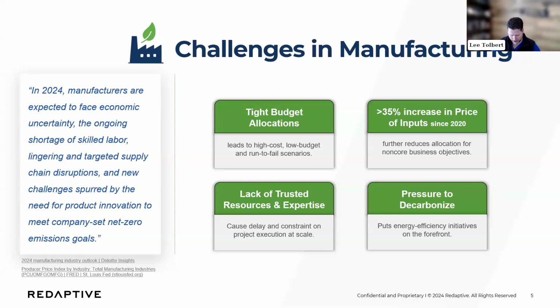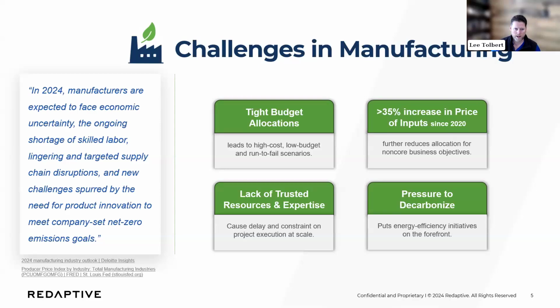If you think about the challenges that you face in manufacturing, as it relates to sustainability, but more broadly from an industry perspective, there are a myriad of challenges that manufacturers face. And the environment for manufacturers, from our perspective and mine personally, is getting even more complicated.